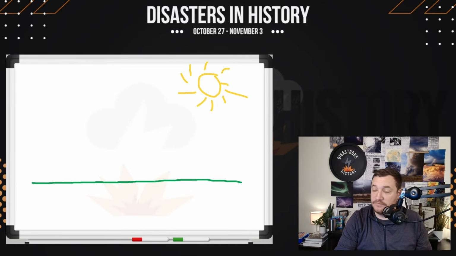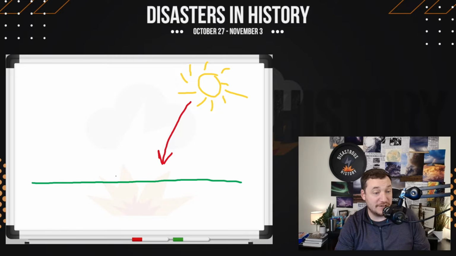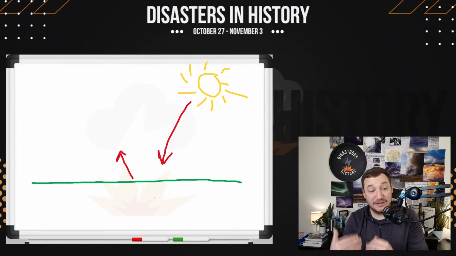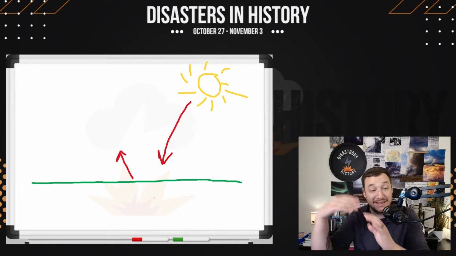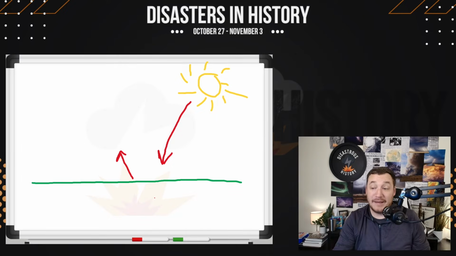The sun shines down on the ground, the ground absorbs the vast majority of that radiation and then reflects it back. What a lot of people believe is that the sun warms the atmosphere, which then warms the ground, but that is not how this works. It's actually the sun warming the ground, which is then radiating heat back up into the atmosphere.